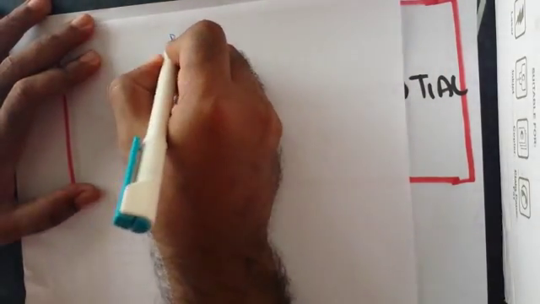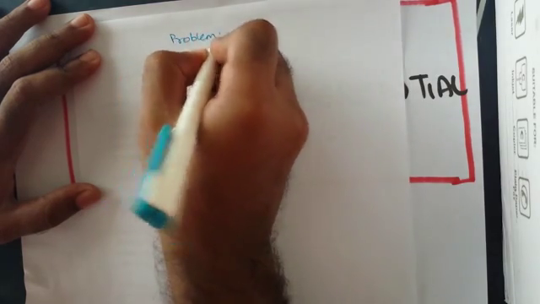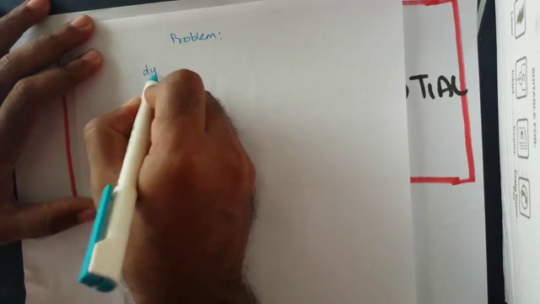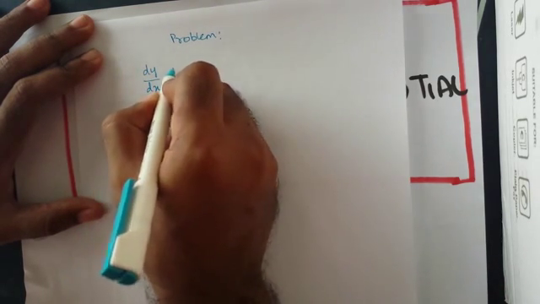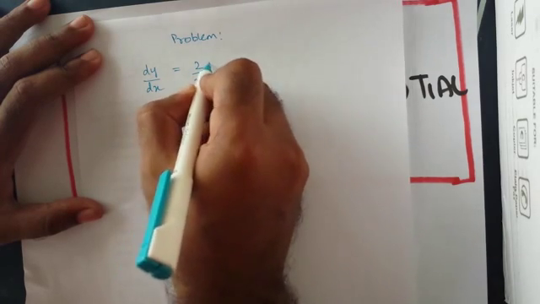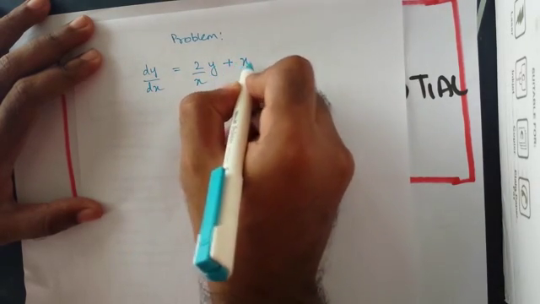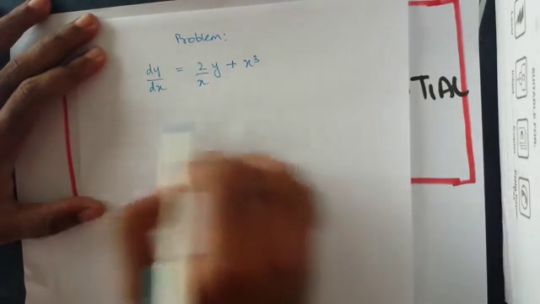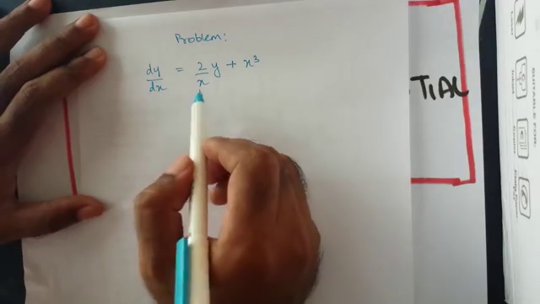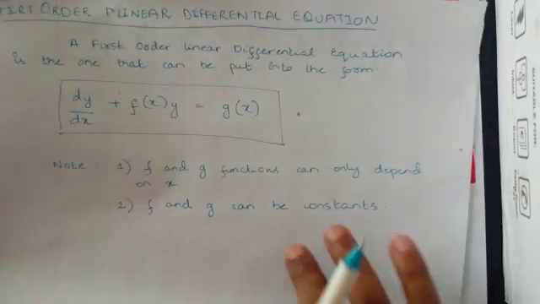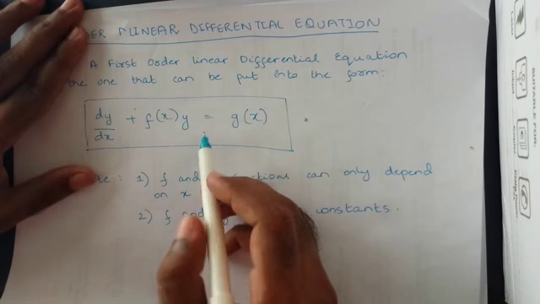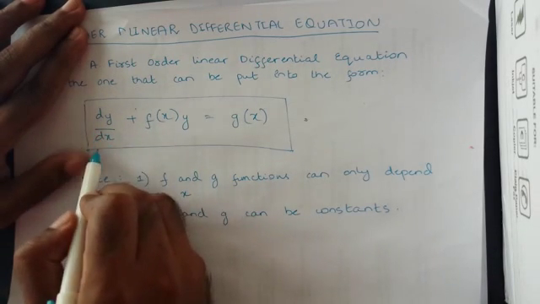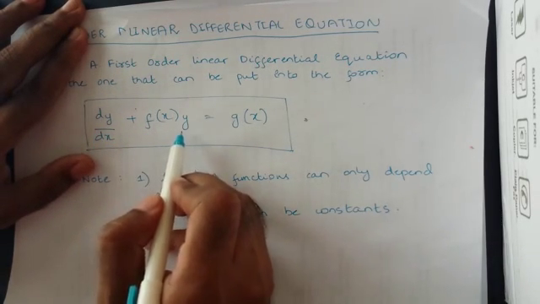So here we have a problem: dy over dx equals 2 over x times y plus x cubed. Step 1 is to bring this equation into the linear differential equation form, which is the one I just showed a couple of seconds ago: dy over dx plus f of x times y equals g of x.